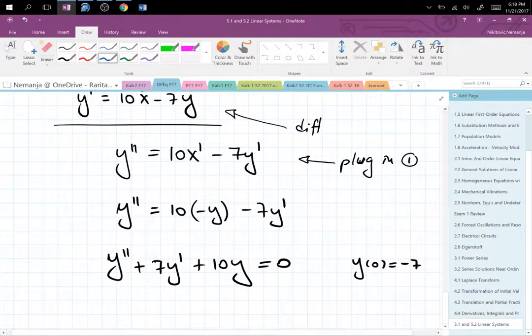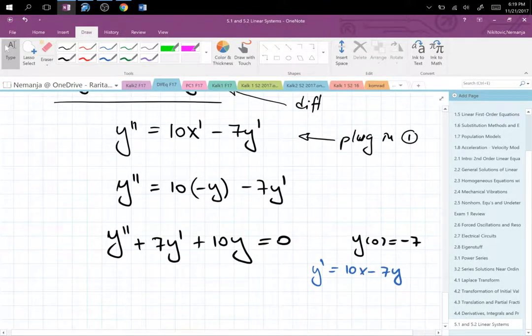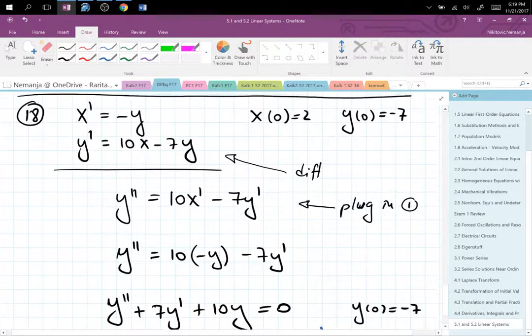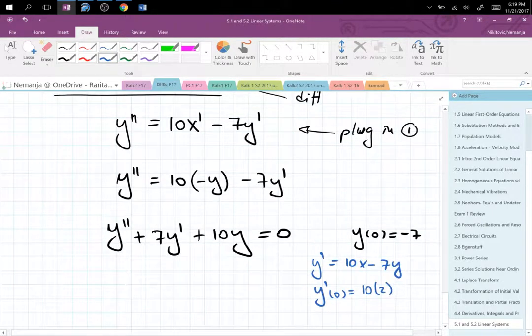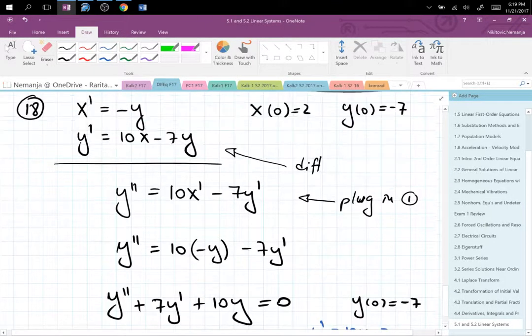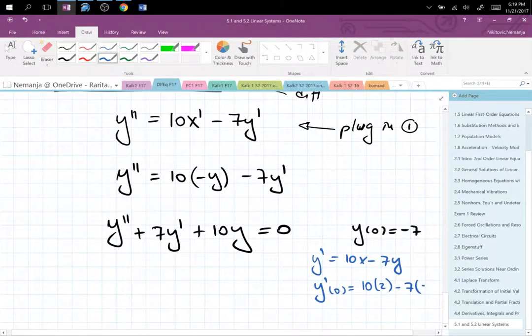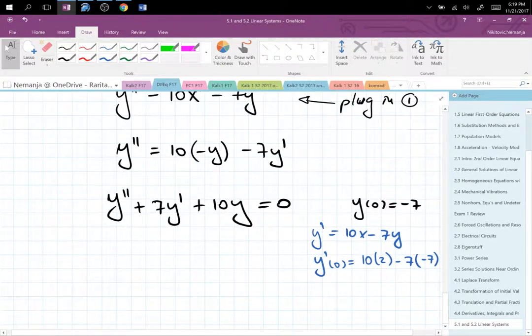Now for the second initial condition, we have that y prime is equal to 10x minus 7y, so y prime of 0 is equal to 10 times x of 0, which is 2, minus 7 times y of 0, which is negative 7. So y prime of 0 is 20, and minus and minus is a plus 49, we get 69.